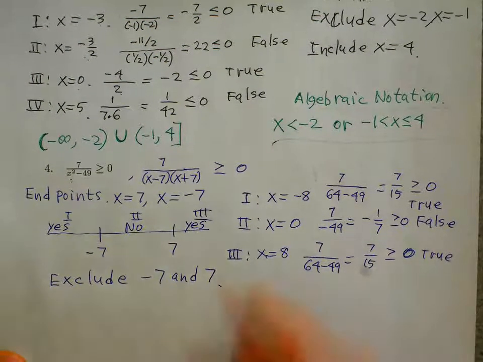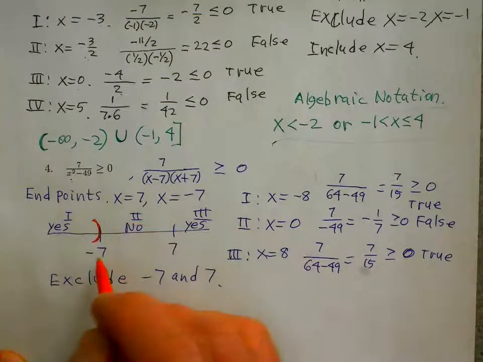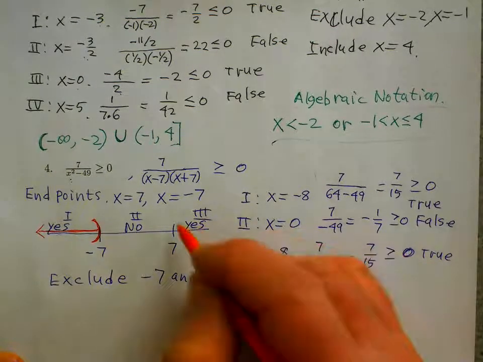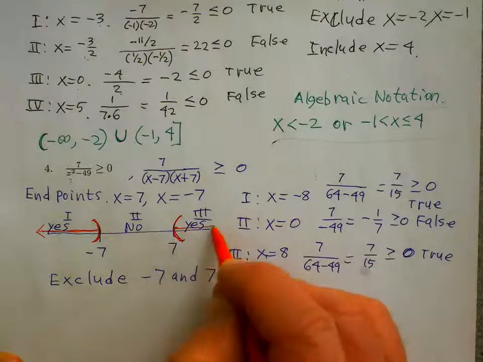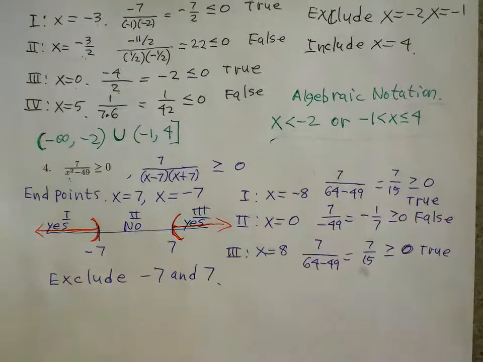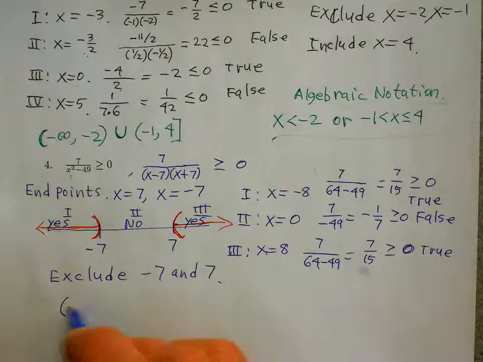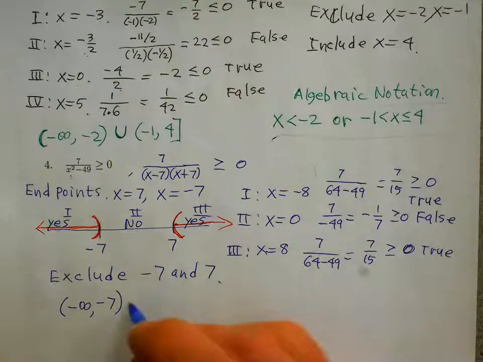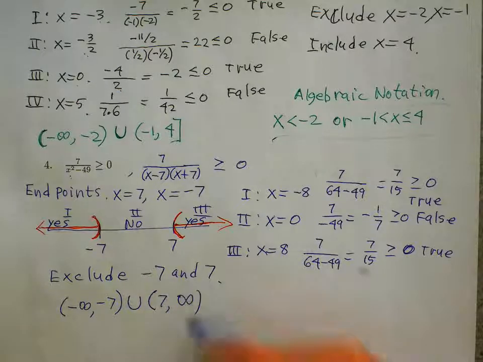So graphically, we put a parenthesis at -7 opening to the left, and then shade everything to the left. And then a parenthesis opening to the right at +7, and then shade everything to the right of that. The interval notation: parenthesis, -infinity, comma, -7, parenthesis, and then union symbol, parenthesis, 7, comma, infinity.